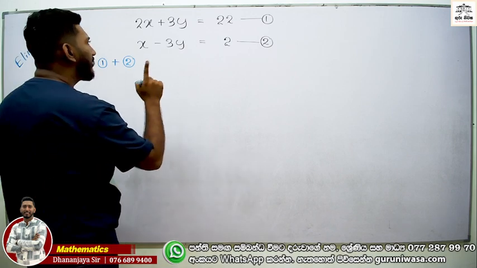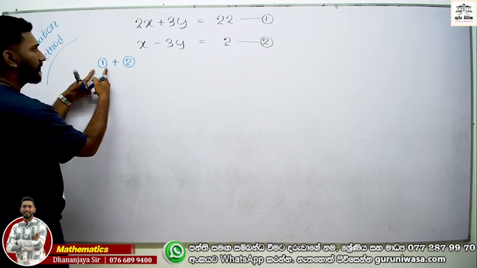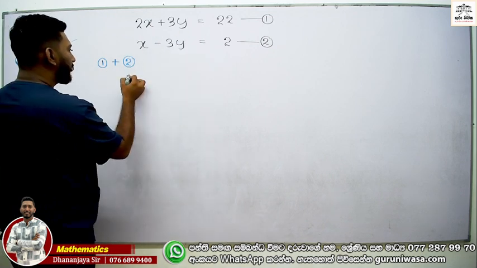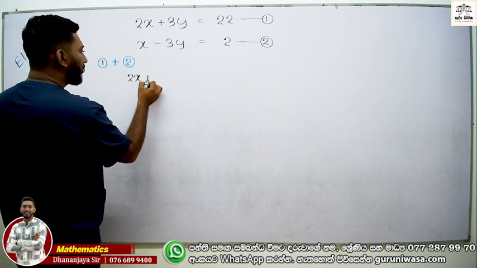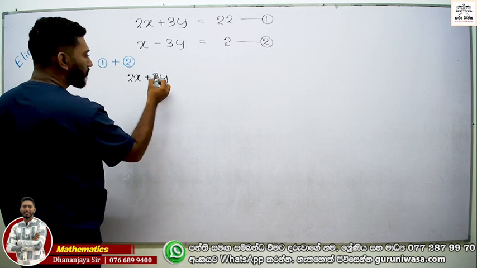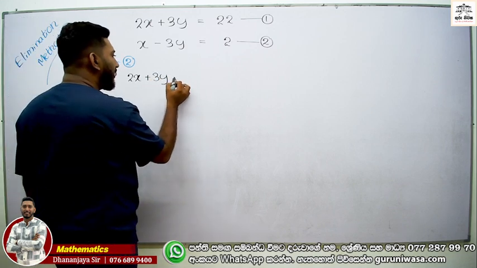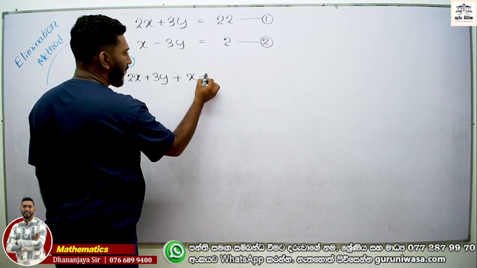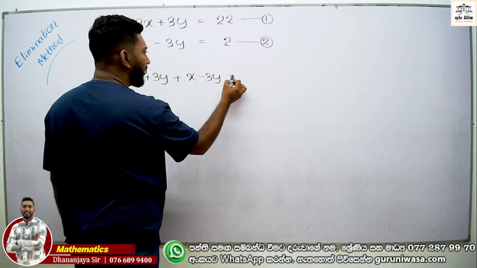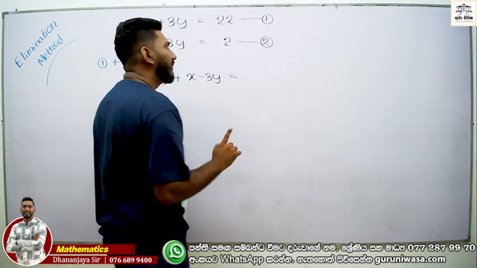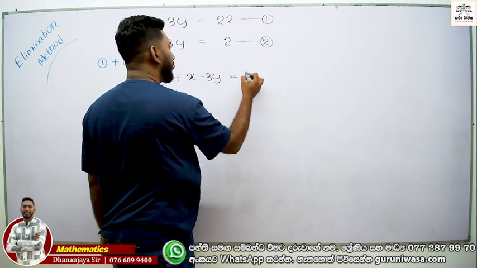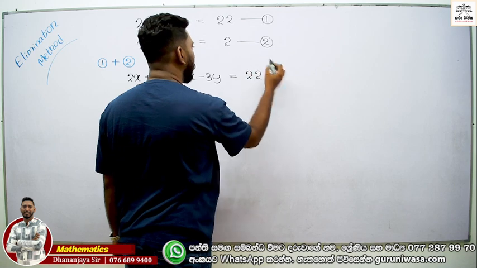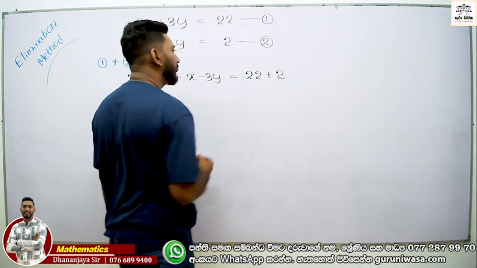Now, look at the left hand side of equation number 1. It's 2x plus 3y. Now you can write 2x plus 3y, and you need to add x and minus 3y, equals to, now look at the right hand side of the first equation, 22 plus equation number 2 is 2.